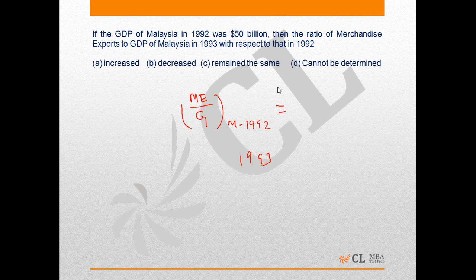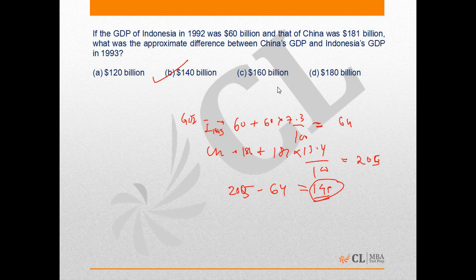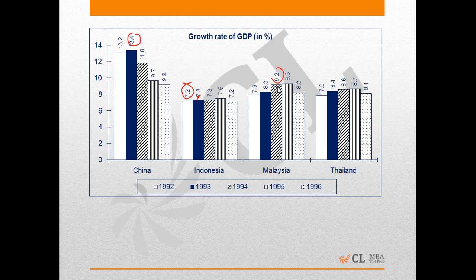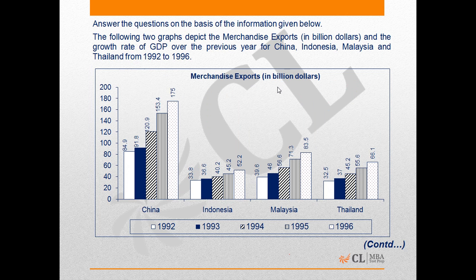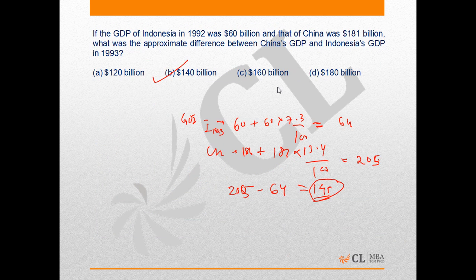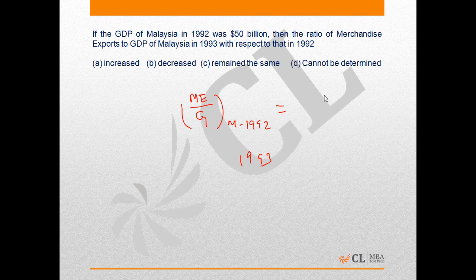From the table, it can be seen that the merchandise export of Malaysia in 1992 was 39.6 and the GDP is given as 50. Therefore, the ratio in 1992 was 39.6 upon 50. This is approximately 0.8.